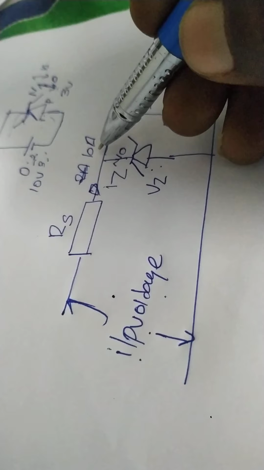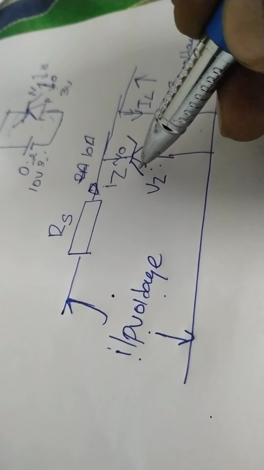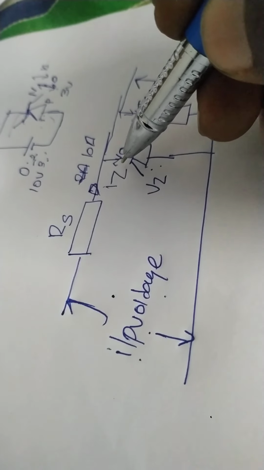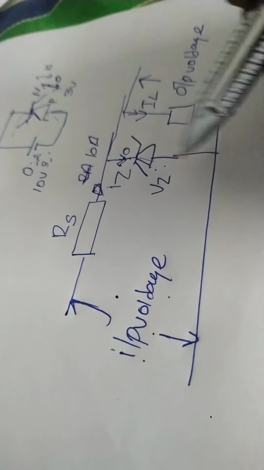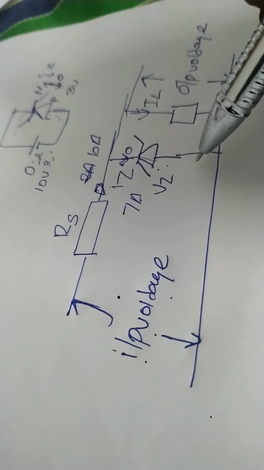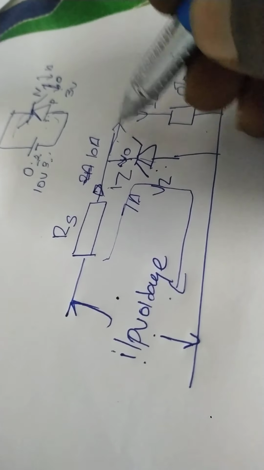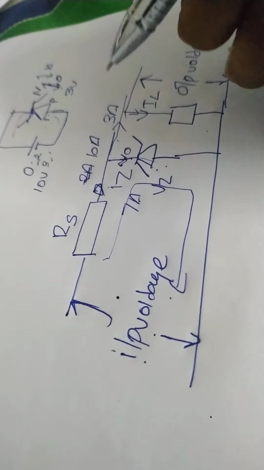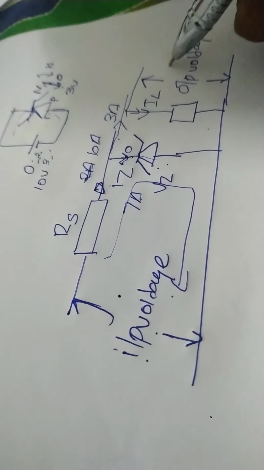Then what happens? The 10 volt is applied here. Then a large current flows through this Zener diode. For example, 7 ampere current flows through this Zener diode. That is, the 7 ampere current flows from this point to ground point. Only the remaining 3 ampere current flows through here, then this voltage is 3 volt.